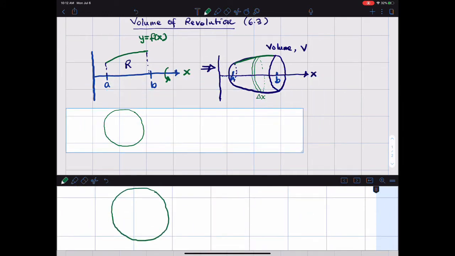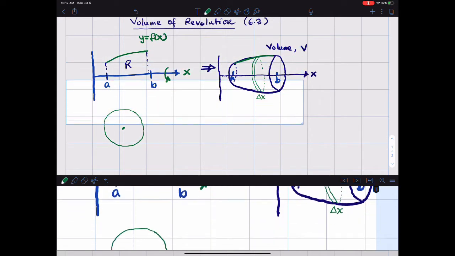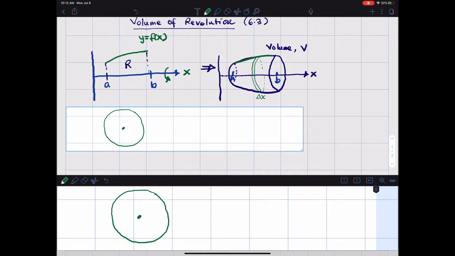Okay, so we have a disc. We would like to find the volume of this disc. But now look at this, we want the radius of the disk. That's the radius. That's all we need to find the volume. Because if we find the radius, we can find the area, and then we just multiply by delta x, because it's a very tiny disk.